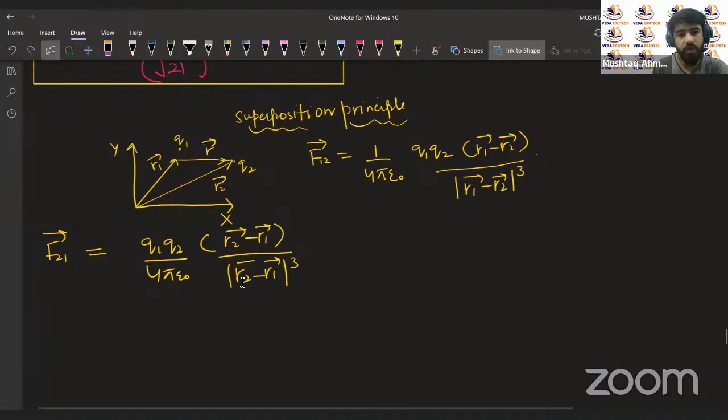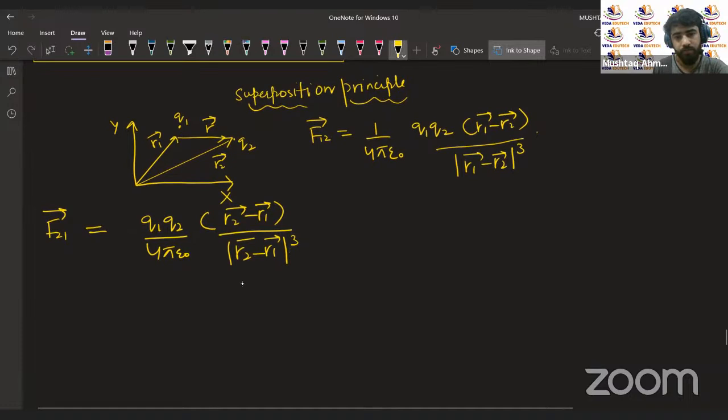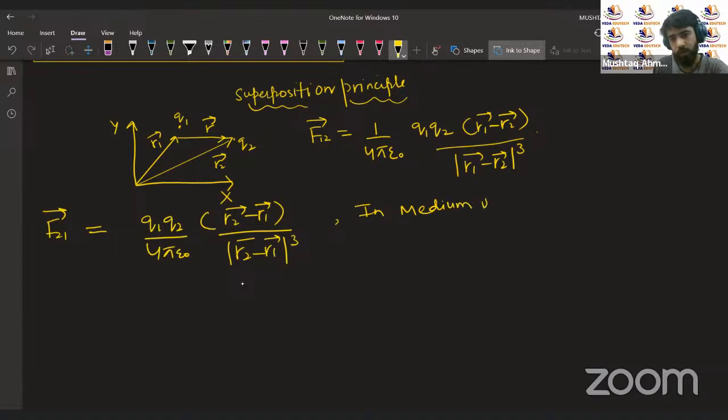If the same two charges are placed in some medium of dielectric constant, let's suppose epsilon r, then the force between the two charges will decrease because of the presence of the dielectric medium.